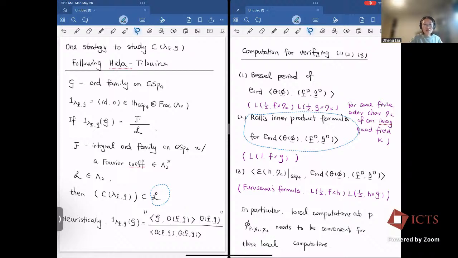But to really compute it, we still work with the complex valued Ichino's inner product formula. But the Petersson inner product over some L value is somehow integral valued, and that makes sense in a family. Right, eventually you are doing all this for the purpose of doing some mod p.